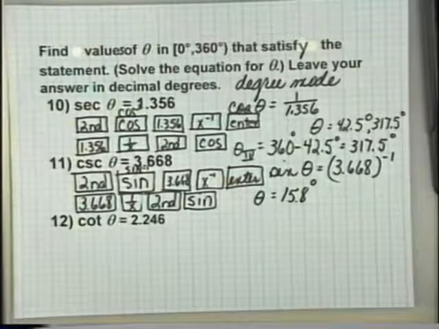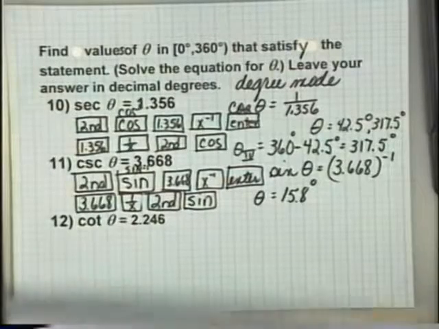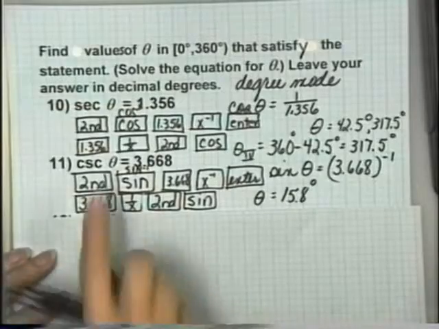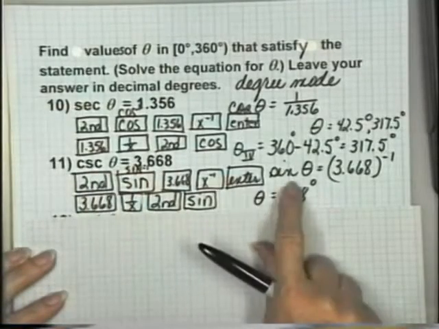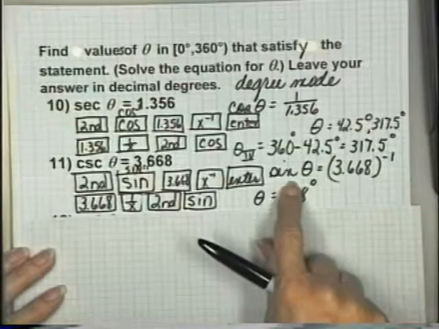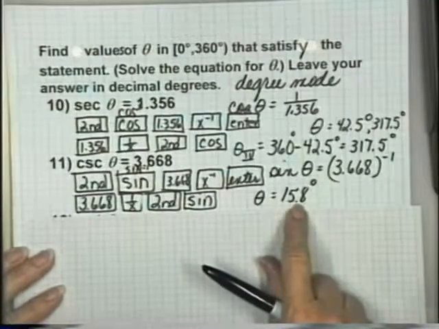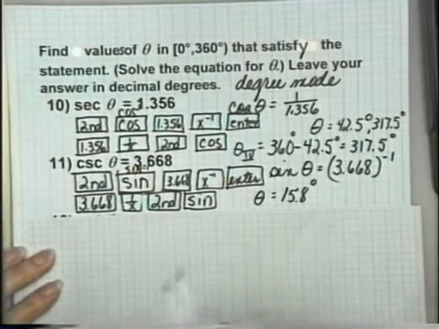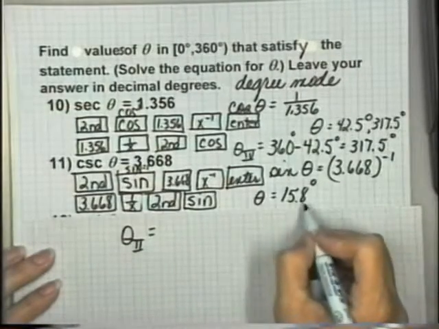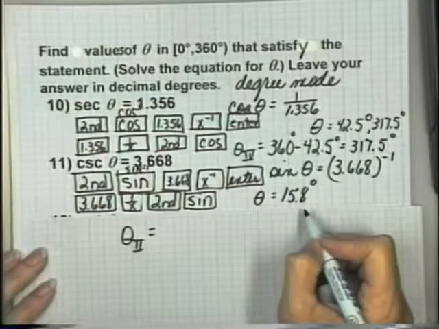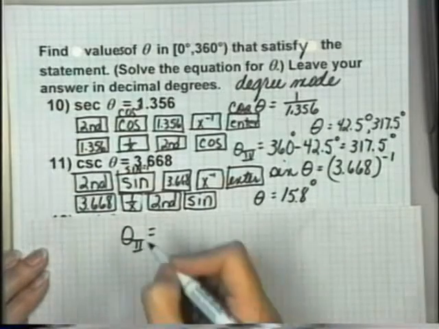Now let's find the other angle that has a cosecant equal to 3.668. The cosecant and the sine functions are positive in the first and second quadrants. We have the first quadrant angle. So to find the second quadrant angle, we know that 15.8 is the reference angle of the second quadrant angle.